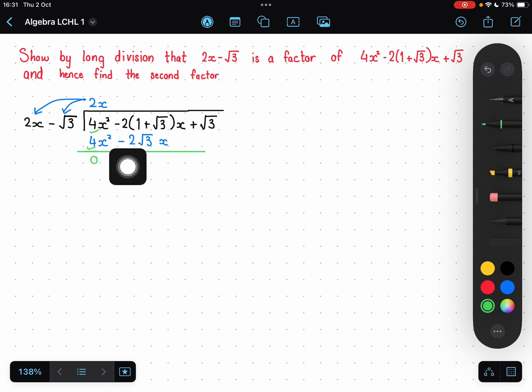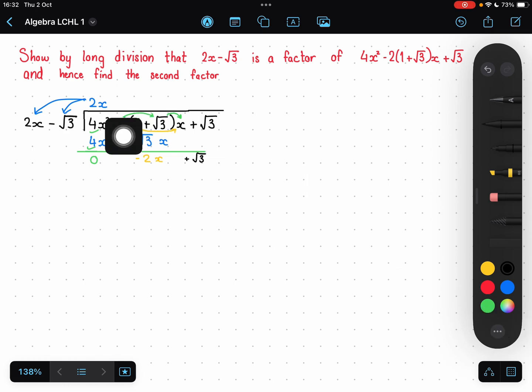And then here, this minus 2 by square root 3 by x is counting for the minus 2 by the square root 3 times the x. But what it's not counting for is the minus 2 by the 1 times the x. We haven't counted for that. So what's left when I take all this away is my minus 2 times x. And then my plus square root 3 at the end hasn't been counted for, so I carry that down as well.